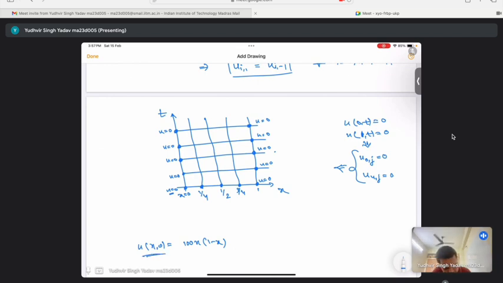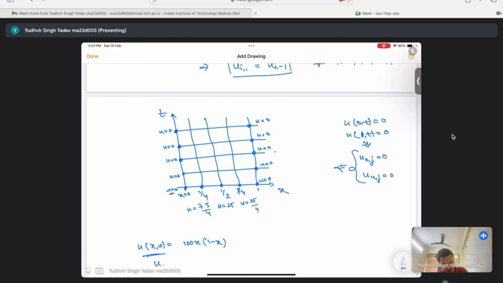When x_i is 1 by 4, you will get u equals 75 by 4. At one half, you will get u equals 25. At 3 by 4, you will get 75 by 4. And again, it is 0 here.